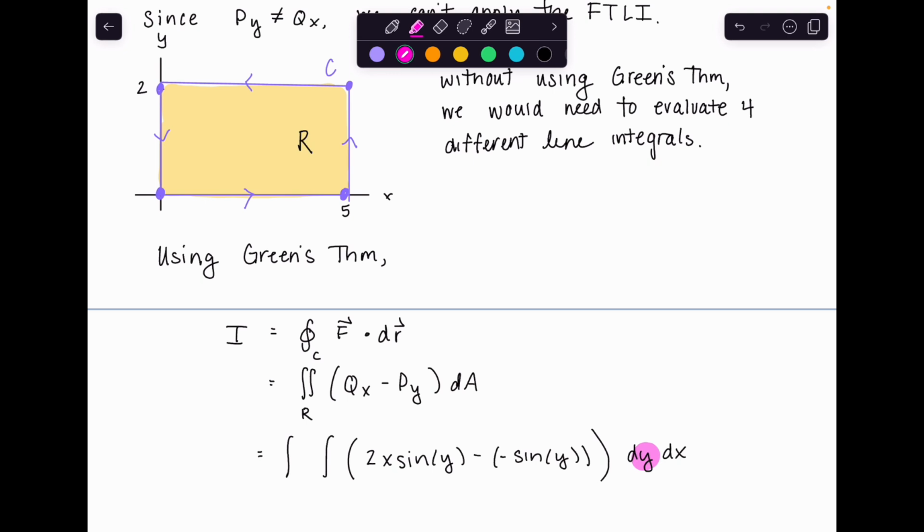So thinking about the values of this, y is changing from 0 to 2. And then x is changing from 0 to 5.